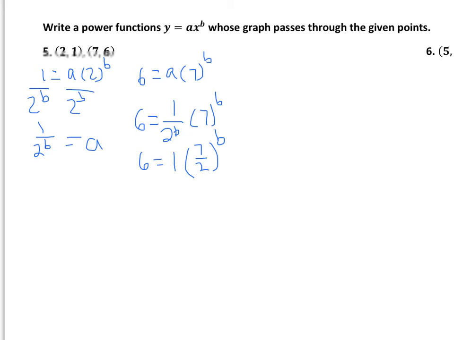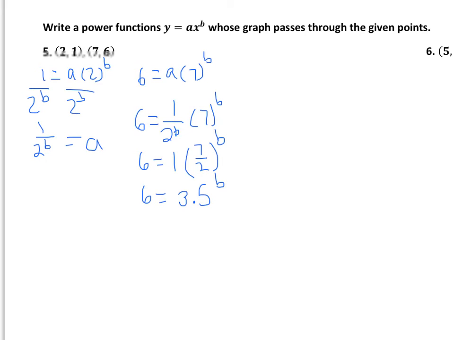Now what we need to do, though, is say 6 equals 3.5 to the b. And then you need to change it from exponential form to logarithmic form.